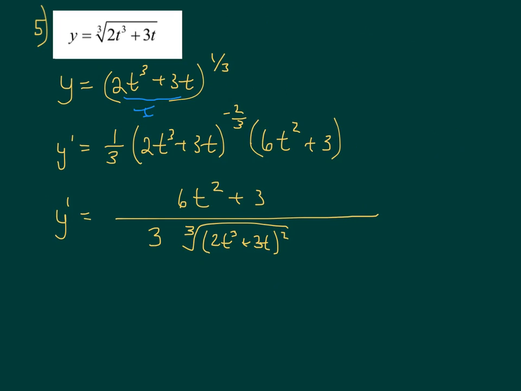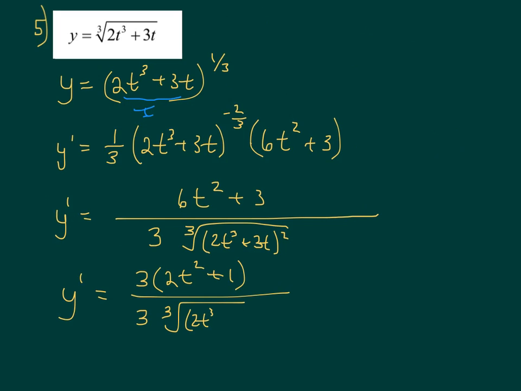Now as I look at this, I notice I can do one last thing to simplify just one more step. I notice that in my numerator, I have a common factor of 3, which I also have in the denominator. So I'm going to divide out a 3 from both of the terms in the numerator. I'd pull out that factor, and it would be 2t squared plus 1 over 3 times the cubed root of this 2t cubed plus 3t squared.